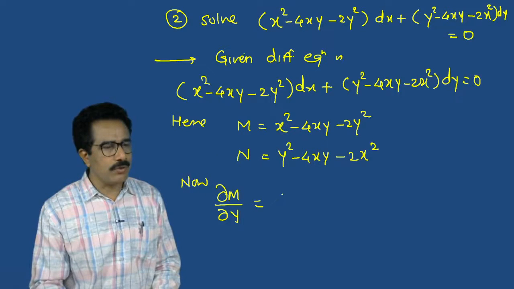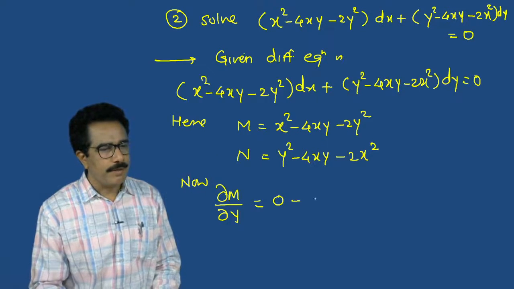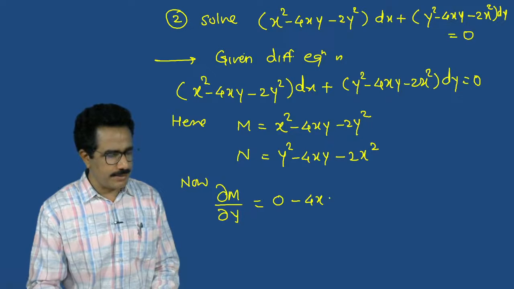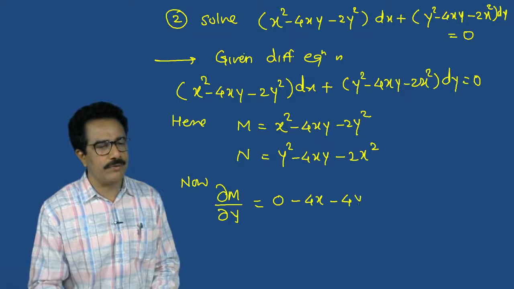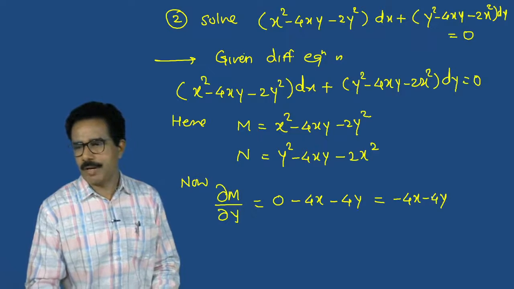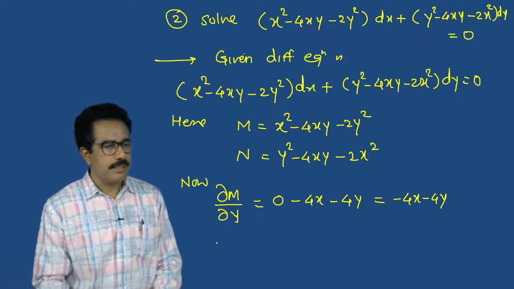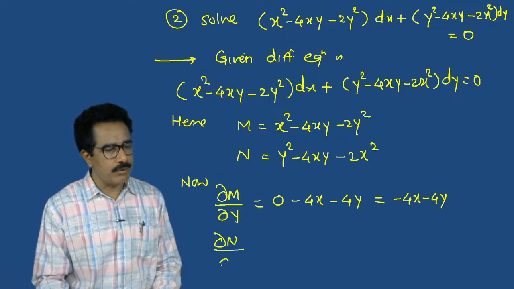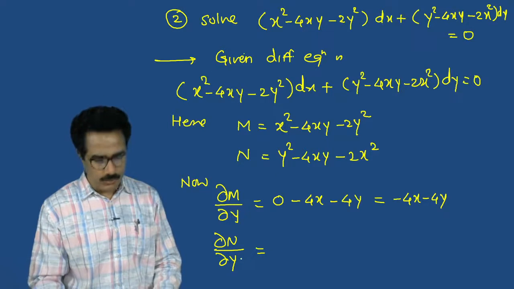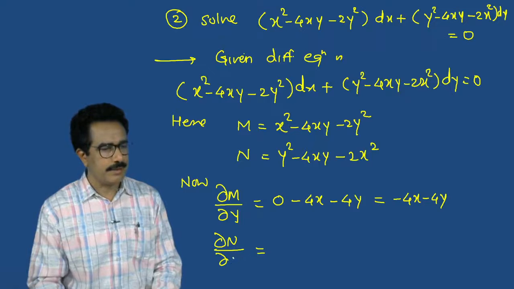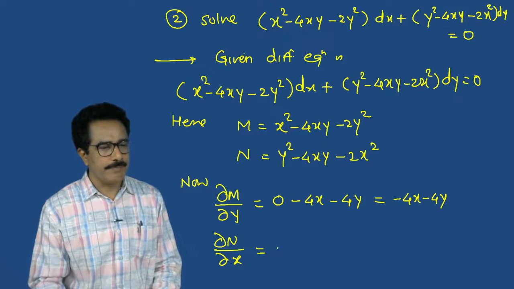So dou M by dou y means 0 minus 4x, okay, minus 2y square चा डेरिवेटिव 4y. That means minus 4x minus 4y. बरोबर आहे का स्टुडंट्स? dou N divide by dou x, N चा डेरिवेटिव घ्या.